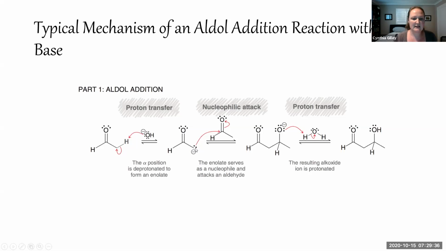The enolate then is nucleophilic and it can attack some ethanal that's still in solution, and that's because 100% of the ethanal does not get converted to the enolate. Only about 50% gets converted to the enolate because of the pKa difference being roughly the same pKa for the acid and the conjugate acid.